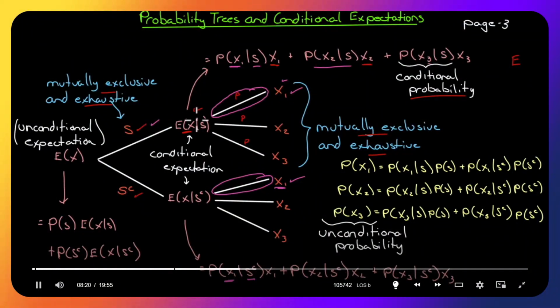And that will give us the expected value of X given S and the expected value of X given S complement. Well, this stick right here that we see, that straight up and down line, that is the conditional operator, the probability of X1 given S. Well, we see the same thing in here, so that we have a conditional expectation.